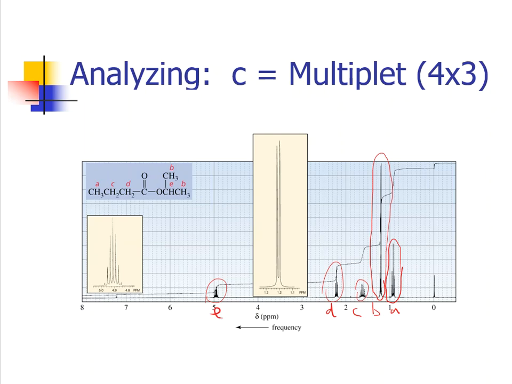Okay, so let's take a look at the A. And the A signal is from that CH3 group. So that CH3 group has 2 kids that live next door. So 2 plus 1, where 1 is the mean mommy or the mean daddy that tries to get those kids rounded up in the house all the time.